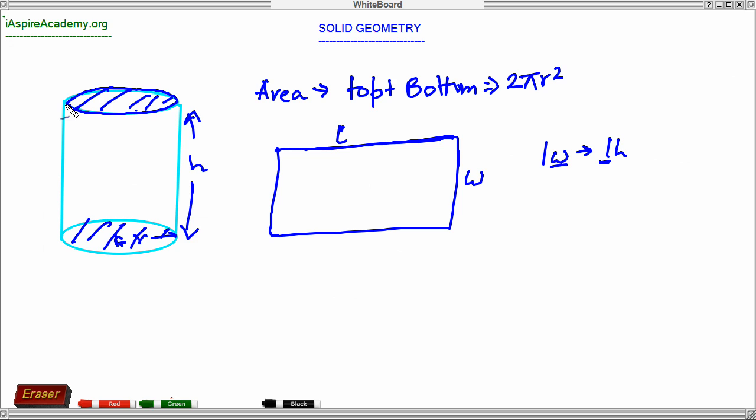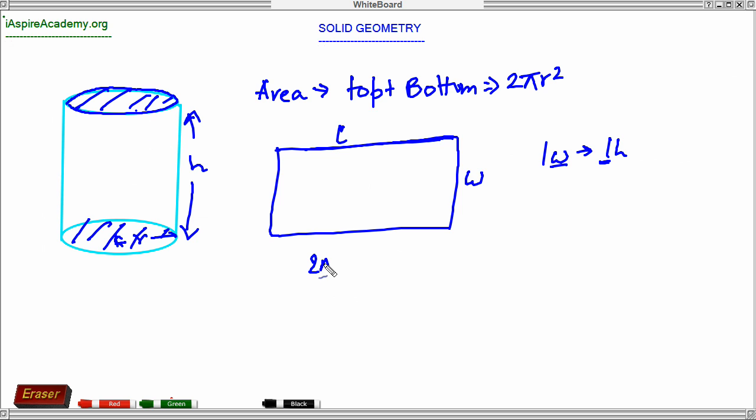Now try to visualize this. If you take one side of this piece of paper, after you make the cylinder, and try to unwind it, or make it flat again, you will see that the length becomes the perimeter of the circle here. So what is the perimeter of a circle?